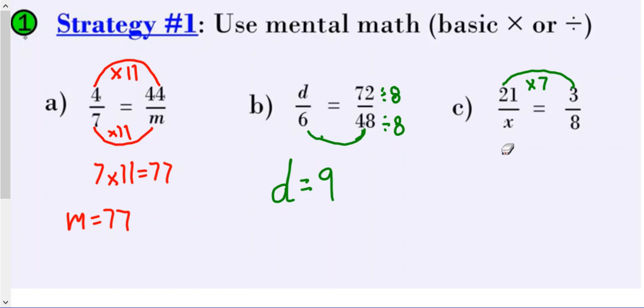So now we need to multiply 8 times 7. 8 times 7 is 56. Okay, so x equals 56. So there's the strategy of using mental math to find multiplication or division to find the unknown variable. Make sure you have these examples written down before you move on.